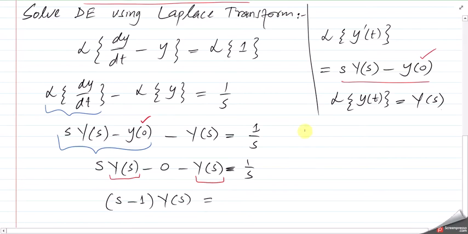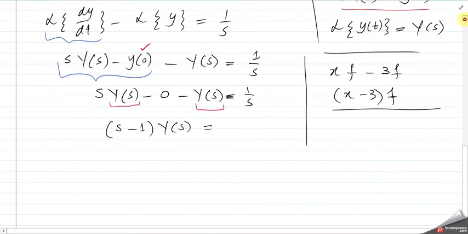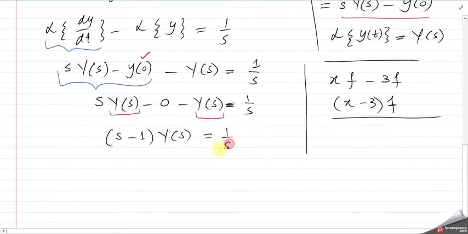It's a standard common factor. Just like, let's say, x f minus 3f, you can write (x minus 3) f. So it's very standard. Now we can find Y of s from here.